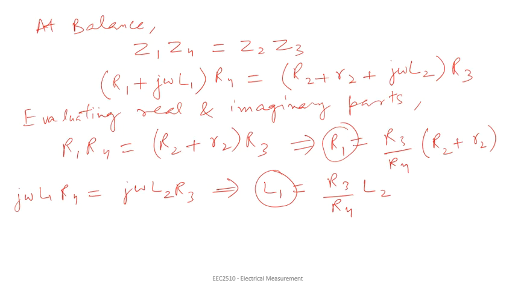Now this is one of the forms of Maxwell's bridge. Sometimes there is one other form also. To differentiate, we can call this one Maxwell's inductance bridge, and the one we will see now Maxwell's inductance capacitance bridge.